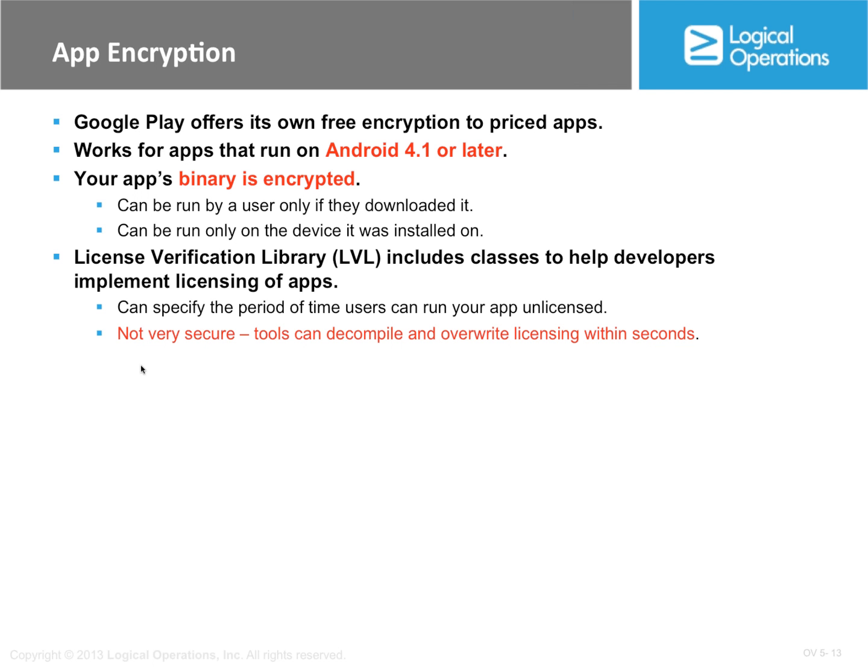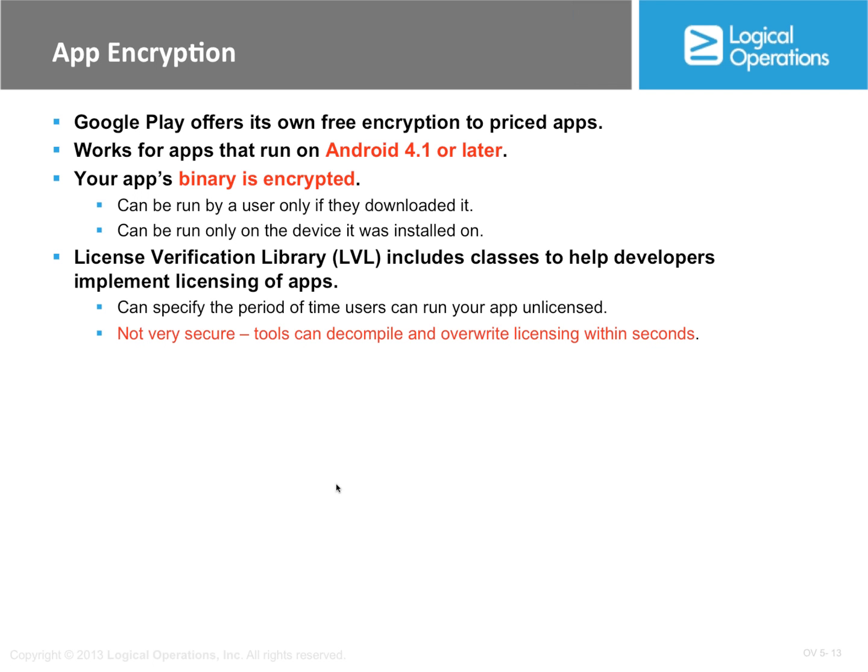So the LVL, or the license verification library, includes classes to help developers when implementing the licensing of apps. For instance, you let the downloader use the application for 30 days. That is where the time is identified, within the LVL itself.